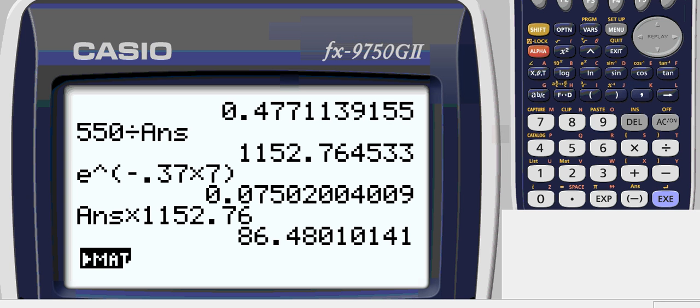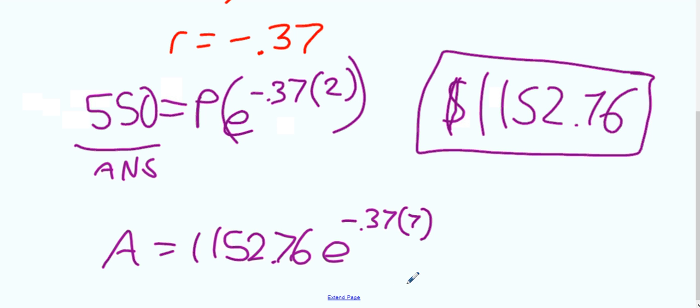So 5 more years, it's going to be worth $86.48.